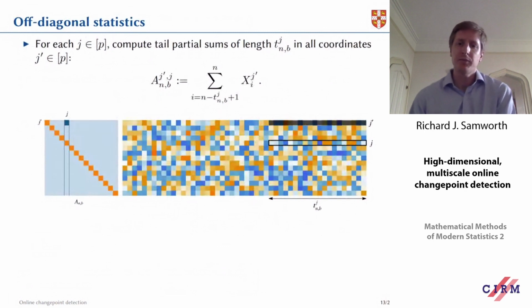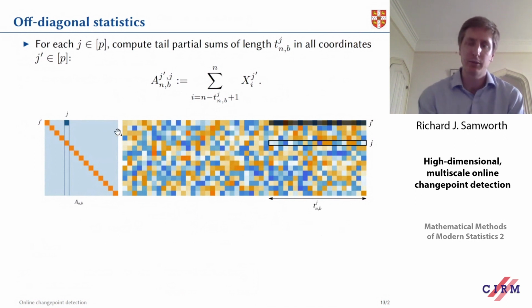So the idea is to look at all possible tail lengths we could have amongst the different coordinates and think about aggregating the residual sums over that tail length, but across all the coordinates.